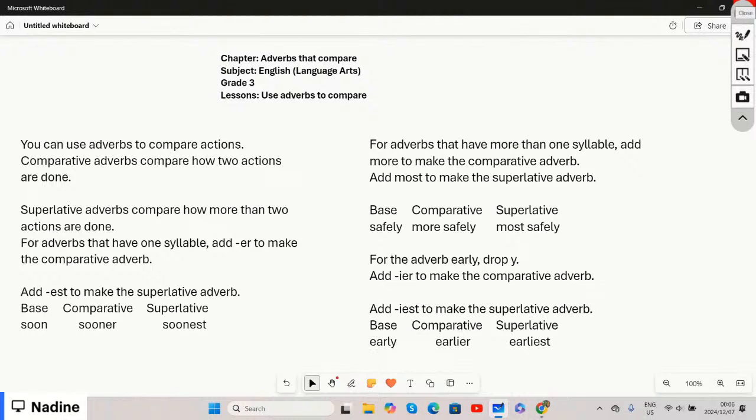All right. So when it comes to adverbs that compare, we can use adverbs to compare actions. So firstly, an adverb tells us more about a verb, or we can say an adverb tells us more about an adjective or another adverb.